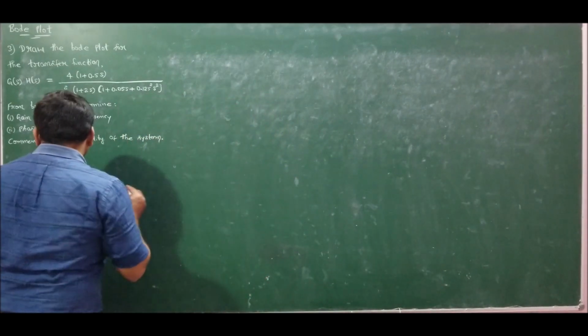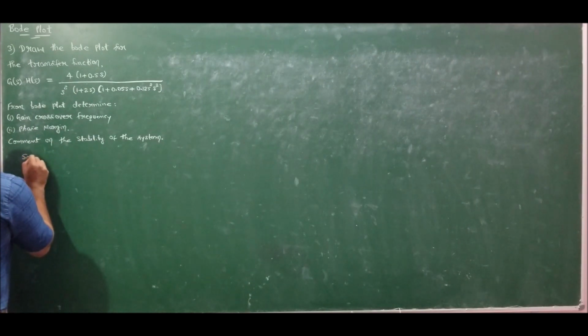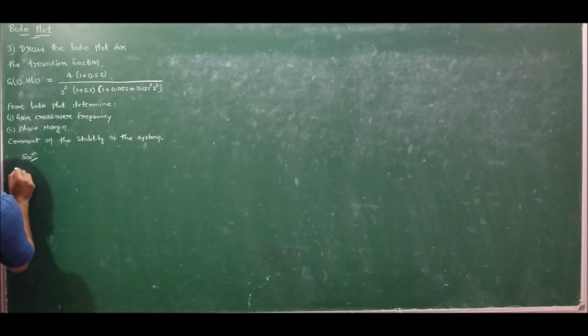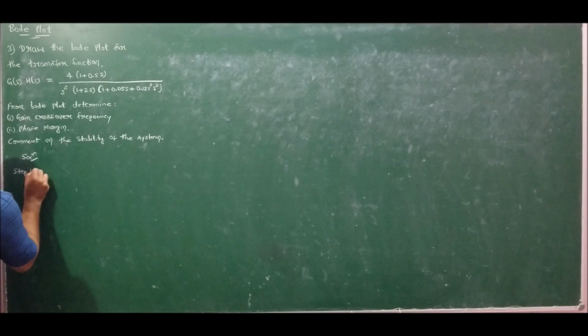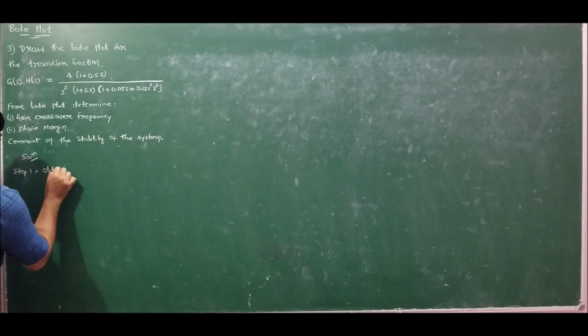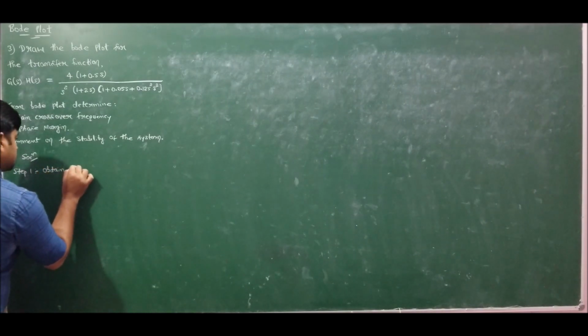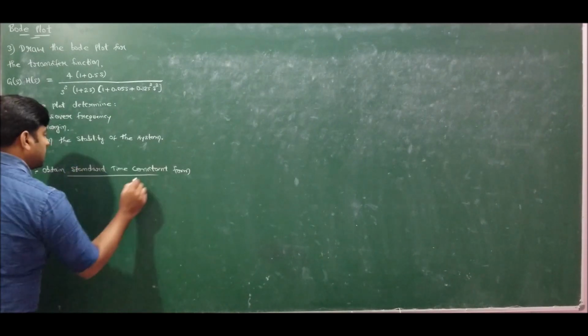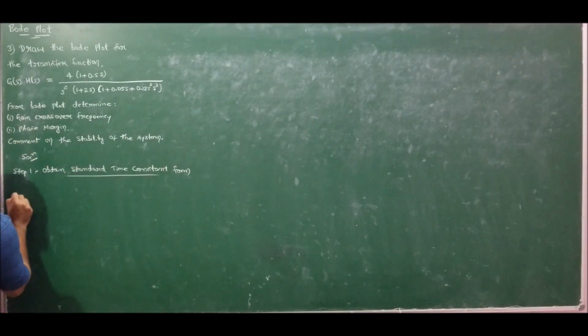So moving ahead for the solution of this problem, in step 1, we should find the standard time constant form of the given transfer function. But it has itself been specified in standard time constant form.